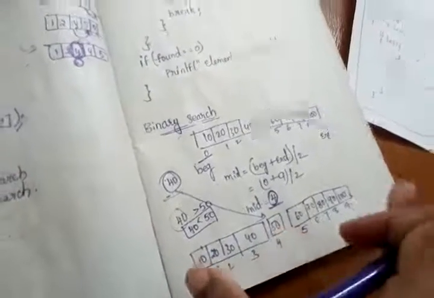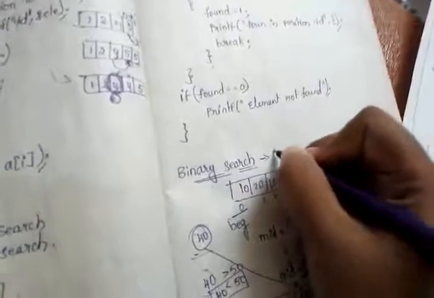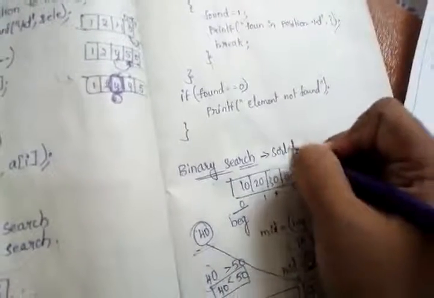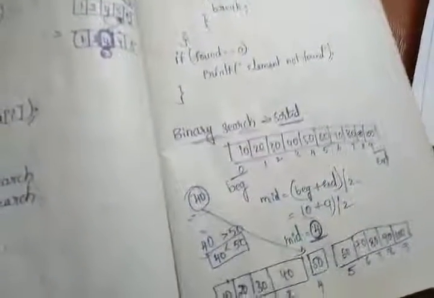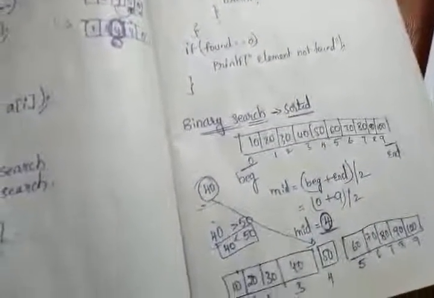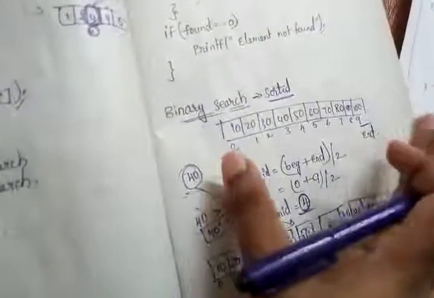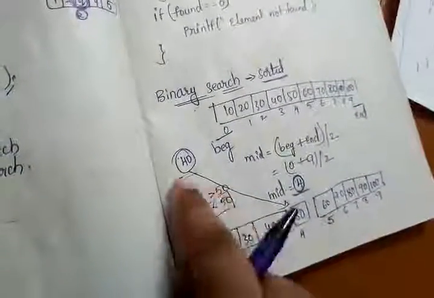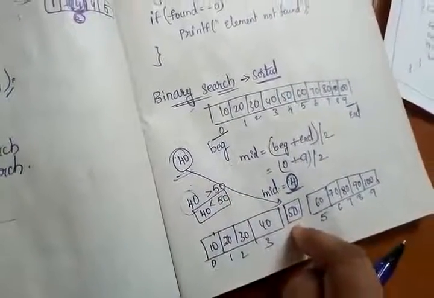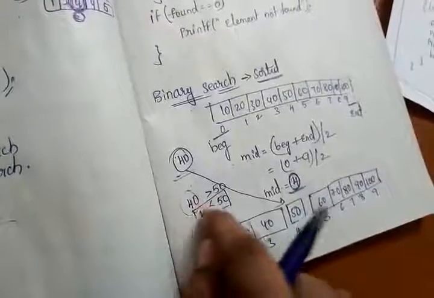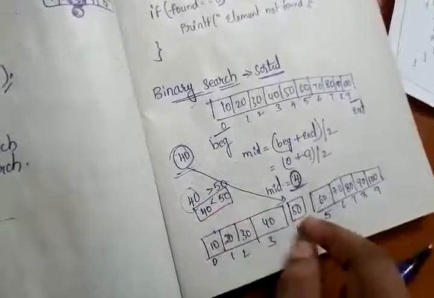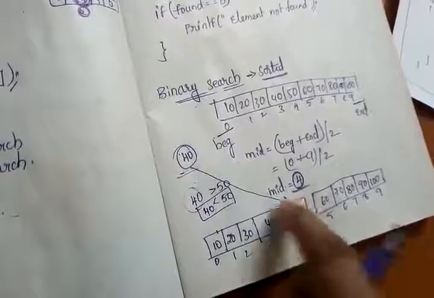The main thing we need to remember in binary search is the array should be in sorted order. Sorting in the sense that either the elements of the array should be in ascending order or in descending order. So if you consider it as an ascending order array, when we compare with the middle element, our element 40 to be searched is less than the element in the mid.